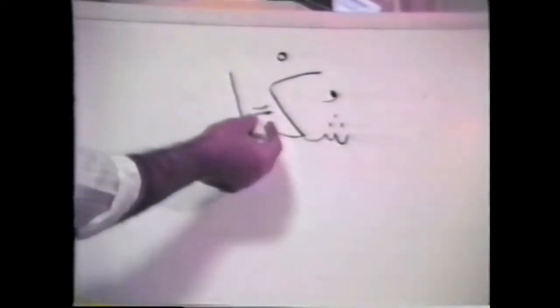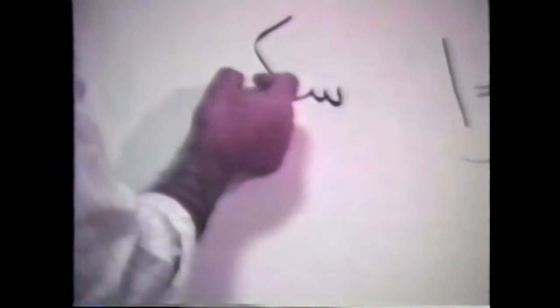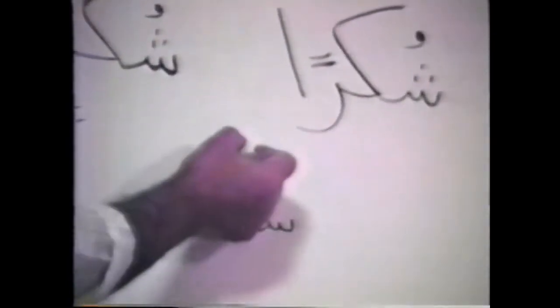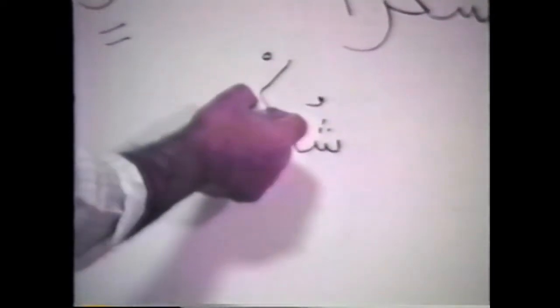The sound N is also added. Don't let this confuse you, but you will pick it up as you go. Sometimes the grammar makes it shukrin, a double kasra. Shukrin. Sometimes it is shukrun.